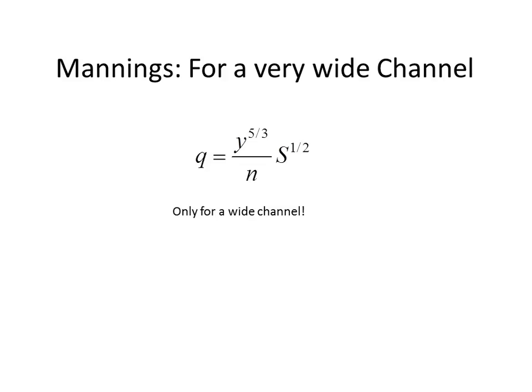So this is the case where the edge effects of the wetted perimeter, those two sides of the wetted perimeter, is so small relative to the width b that they can be neglected. So don't put that on your equation sheet and think that it always applies. Only use that for what's been described as a very wide channel.